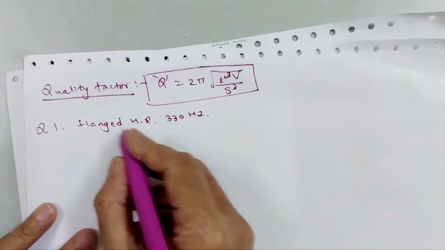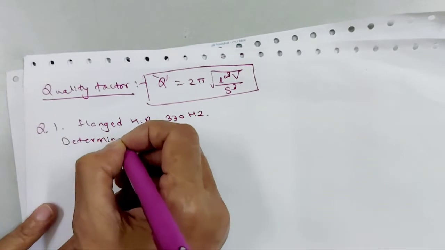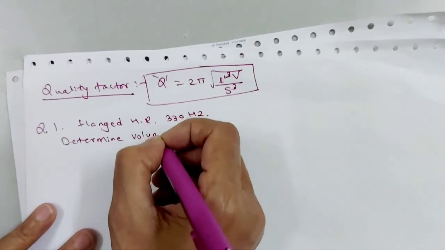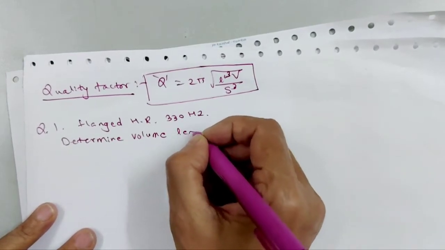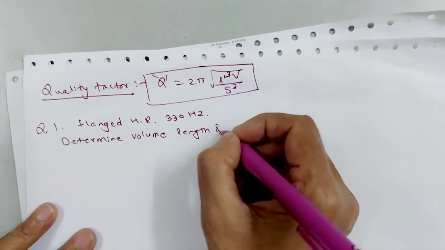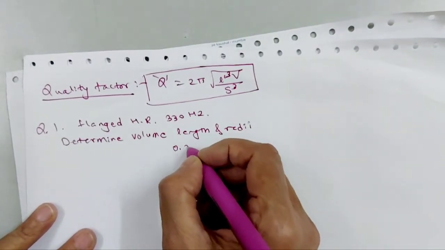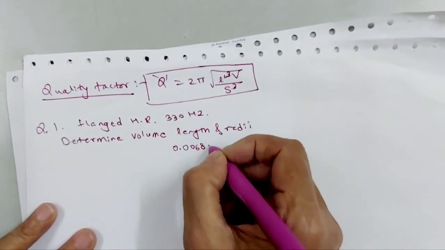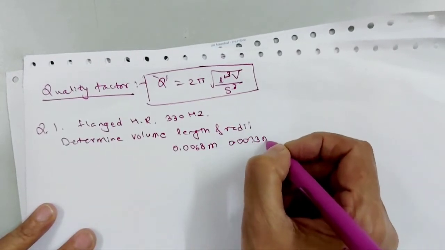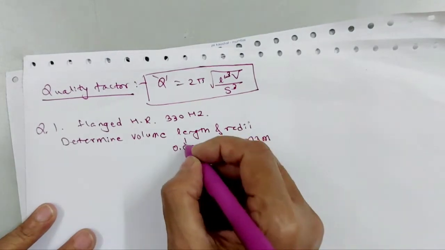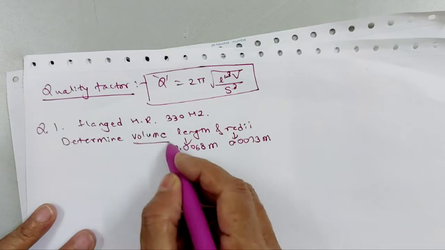Okay, determine its volume if length and radii are given by 0.0068 meters and 0.0073 meters respectively. This is length, this is radii. Okay, we need to determine volume.